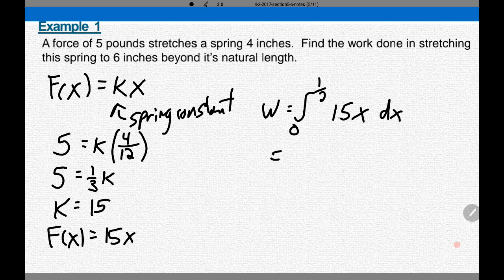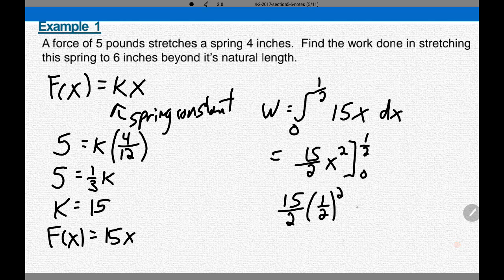Just like we did before, this becomes 15 over 2 x squared, and I'm evaluating at 0 and 1/2. Then I plug in those two numbers. So I have 15 over 2 times 1/2 squared minus 15 over 2 times 0 squared.